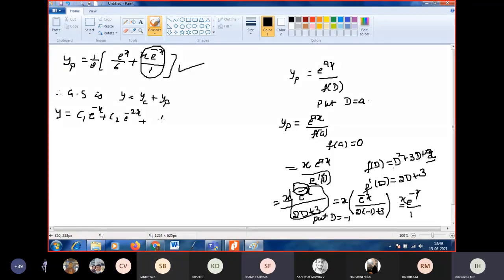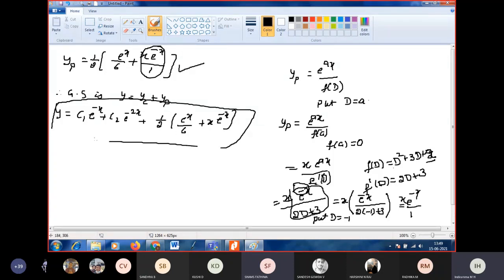Ma'am, if f of a is 0, every time we need to multiply x in the numerator? If the first time you replace d by a and you get the denominator as 0, multiply the numerator by x and consider the denominator as f dash of d.